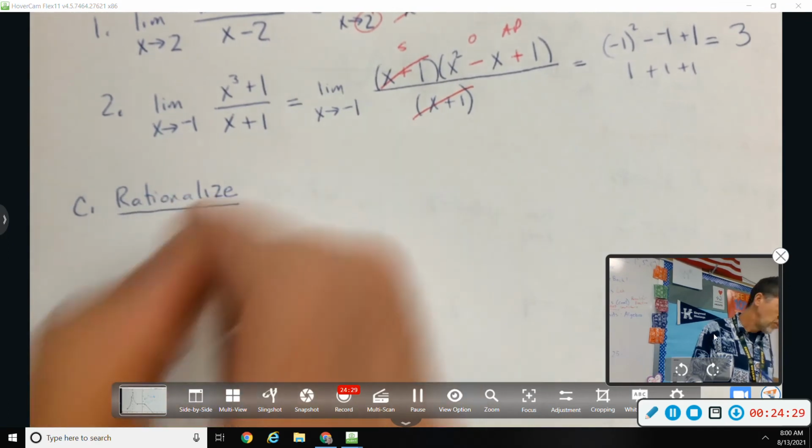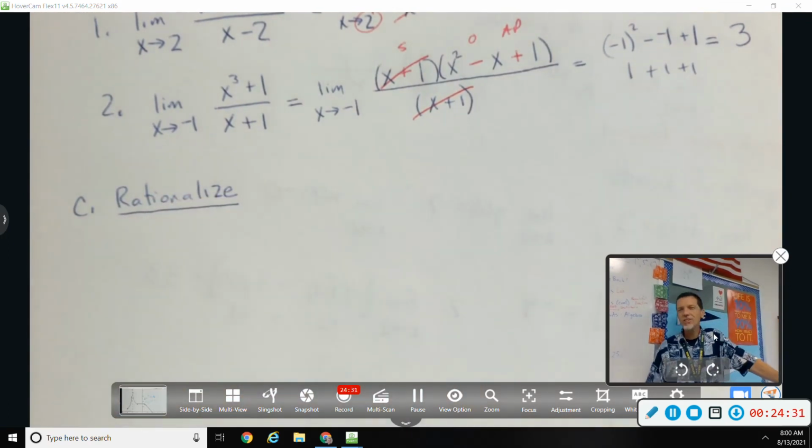Rationalize. Do you remember where you used the word rationalize and what situation that was in when you rationalize something? What's that? Like rationalize the denominator for the square root. Good. Rationalize the denominator if it was the square root.